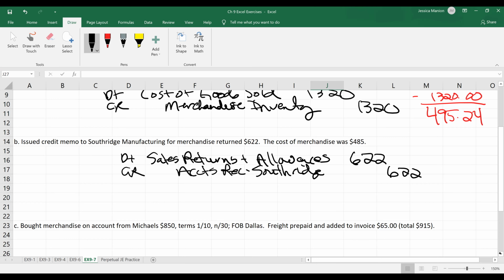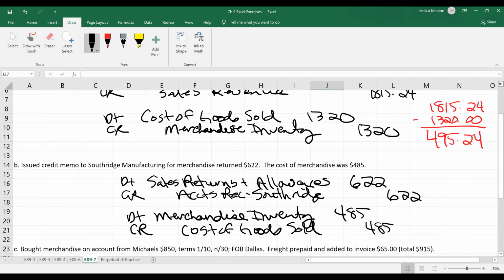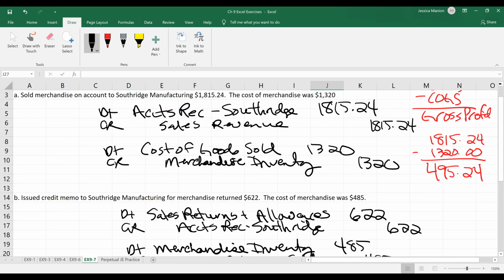And then because the merchandise was returned, we've got to put it back into our inventory. So for that, we debit merchandise inventory 485, credit cost of goods sold $485. And so if we think about it, the original sale to this customer was 1815.24.